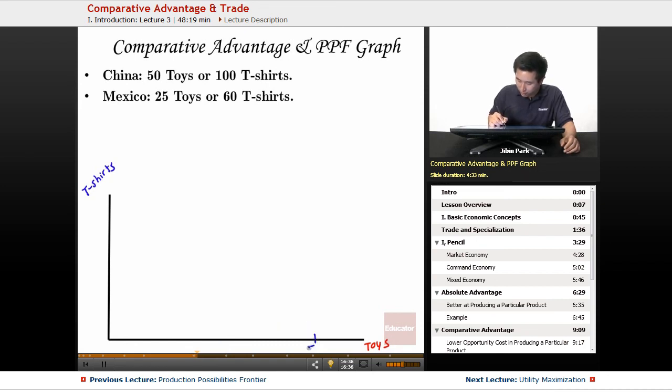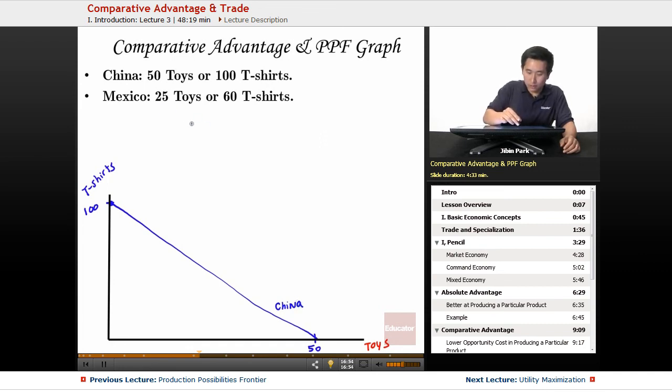So let's put 50 right here. 50 toys or 100 t-shirts here. So it would be constant opportunity cost right here. So this would be China.